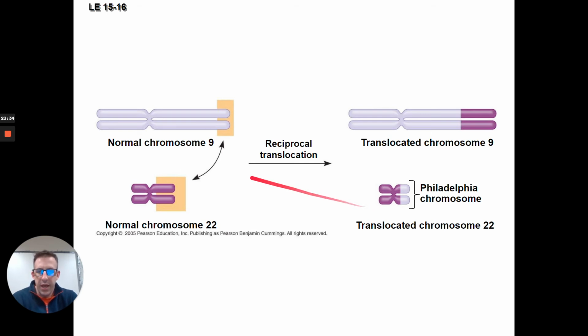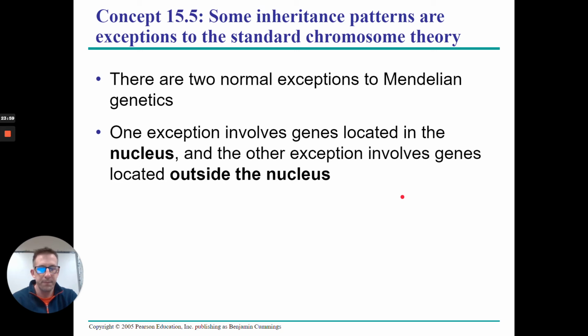Okay, and it causes this chromosome here that was normal sized to exchange a large proportion of its chromosome arms with only a small proportion of the chromosome arms from chromosome 9, and it creates this little truncated thing they call the Philadelphia chromosome, and so you can get cancer from that, unfortunately.